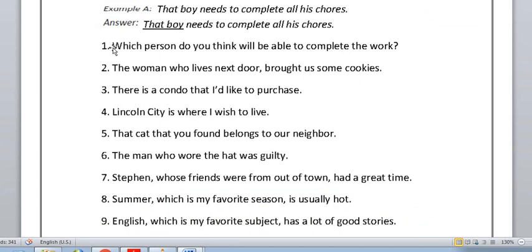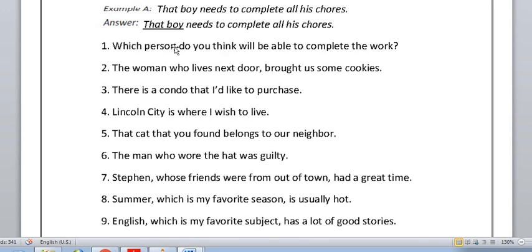For example, number one, which person do you think will be able to complete the work? What is that adjective clause? Yes, start with which. Which person do you think? This is the part I need. This is the subject, and this is the predicate or the verb.